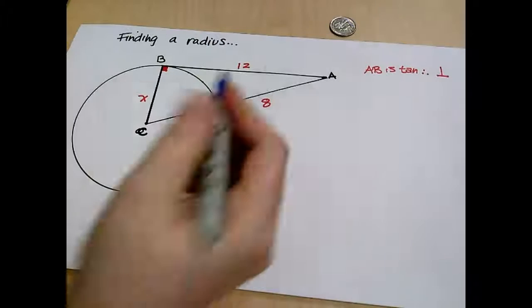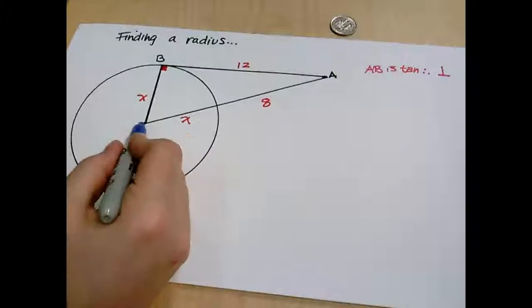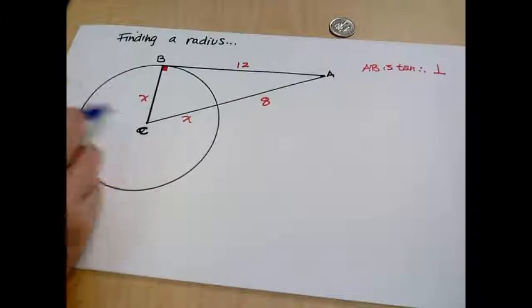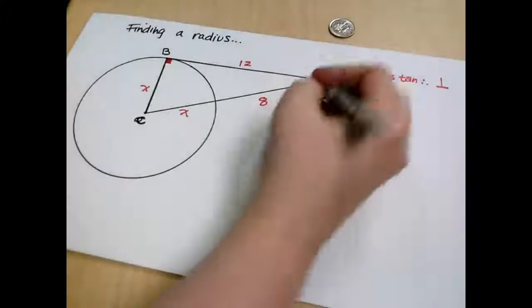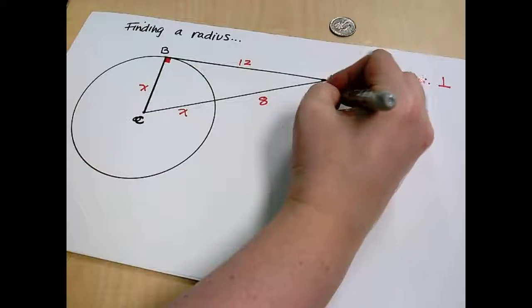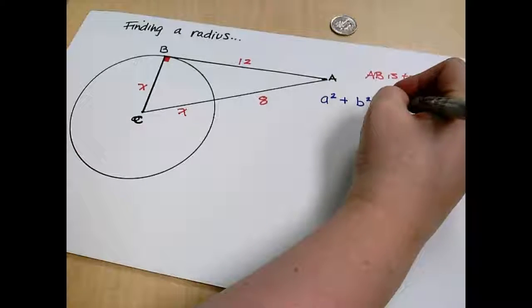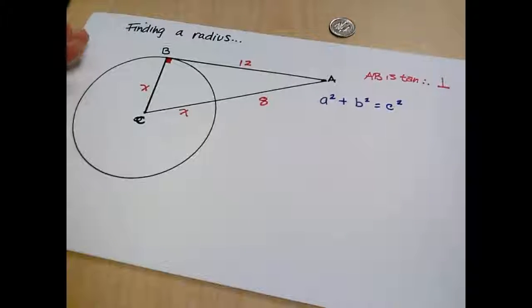You'll remember looking at this that our hypotenuse is here from AC, and then one leg is AB, the other leg is CB. And you should remember without a second thought, our Pythagorean theorem tells us a squared plus b squared equals c squared. And c is always the hypotenuse.